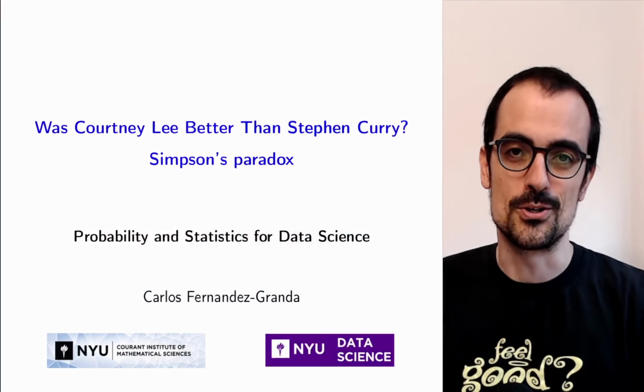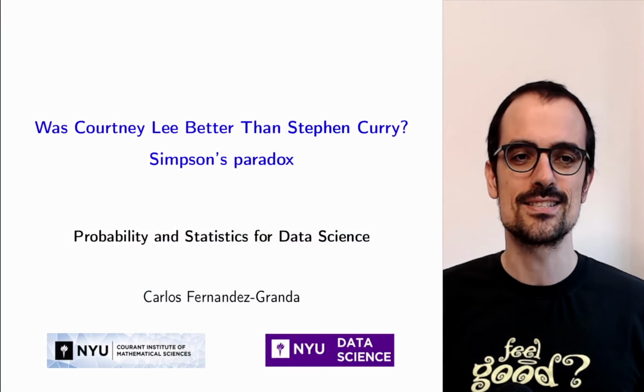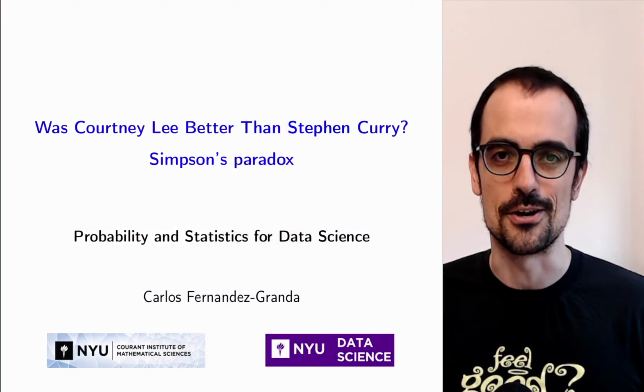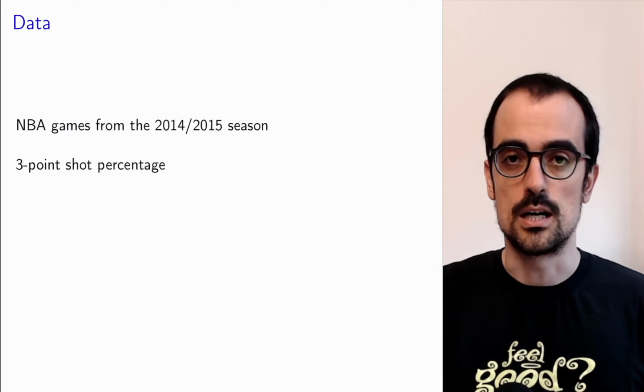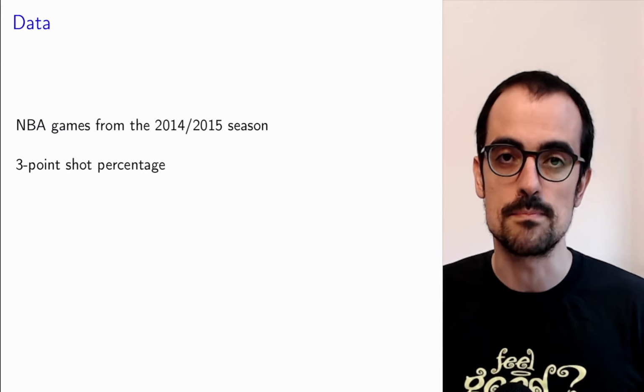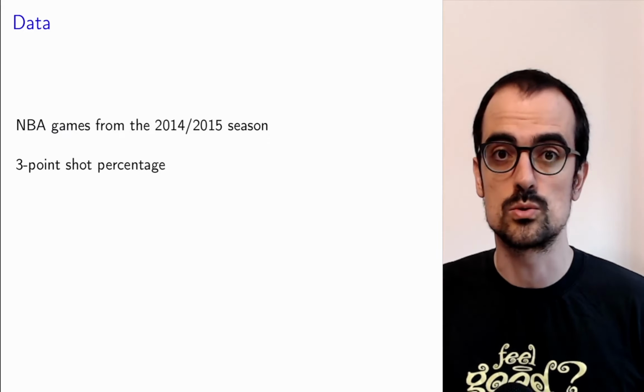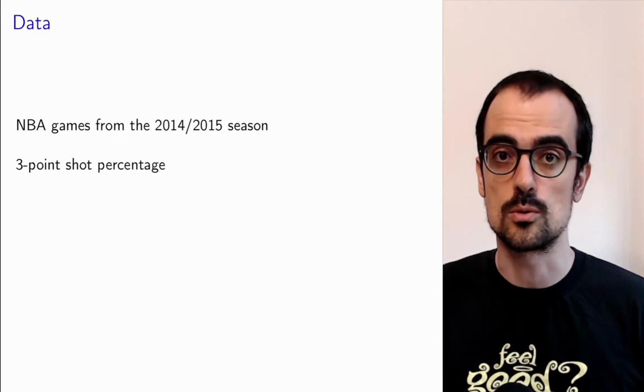So in particular, we're going to compare two NBA players, Courtney Lee and Stephen Curry. All of this started because I came across a data set which had 3-point shots from many players that took place in the NBA in the 2014-2015 season. And I checked out the 3-point percentage of some of them.